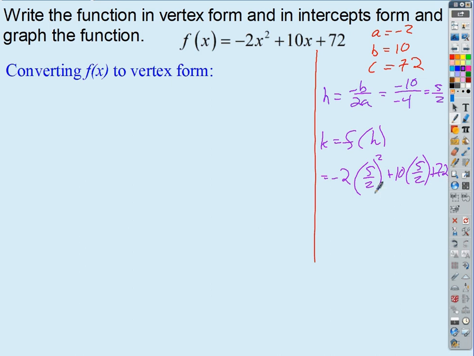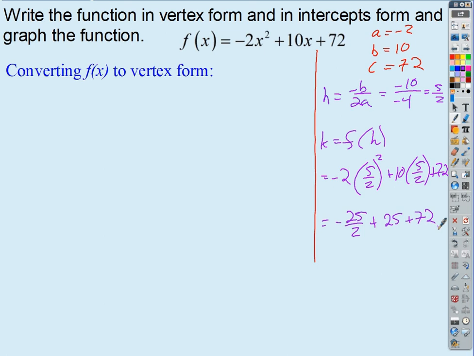5 halves squared is 25 fourths, right? Negative 2 times 25 fourths would be negative 25 halves, plus 50 halves, which is just 25, right? Plus 72. And so when all the dust settles, what are we going to get there?